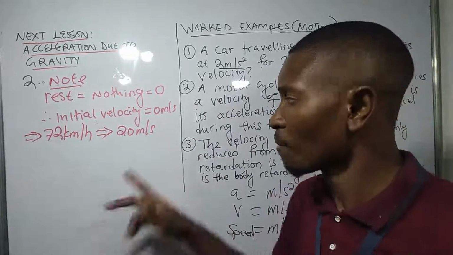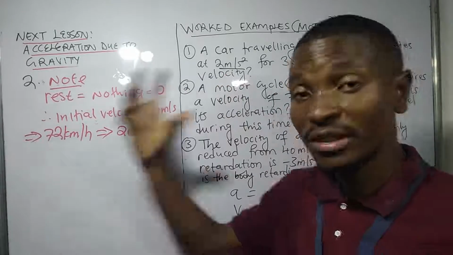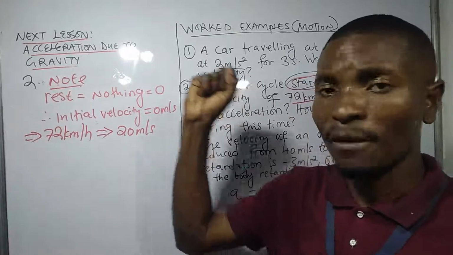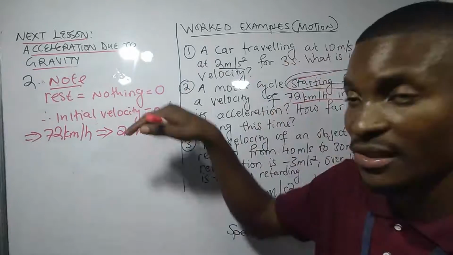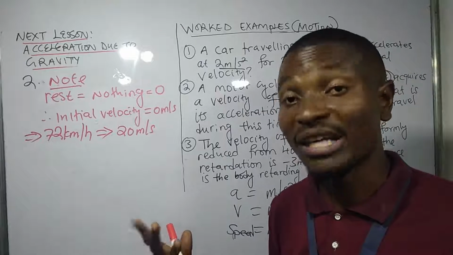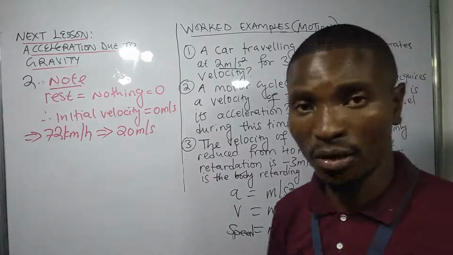If you want to know why, please check out my video on how you can convert units from one unit to the desired unit. I'm not going to go over it here, but you can check the video to confirm that it is correct.